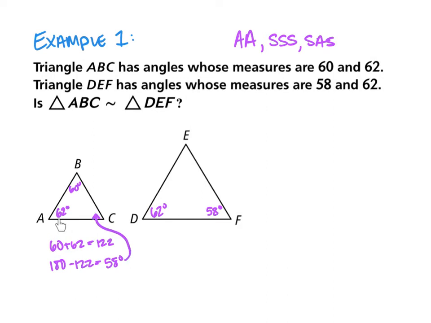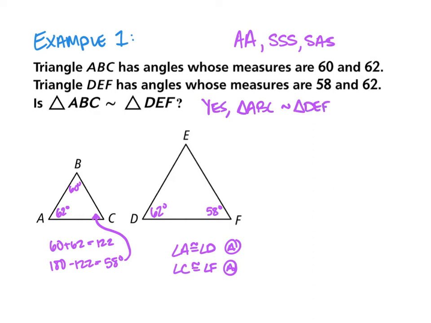And now we can see angle A is congruent to angle D, and angle C is congruent to angle F. So I have both pairs of angles that I need to be congruent, so we can say yes. Those are similar. Yes, triangle ABC is similar to triangle DEF by angle-angle similarity.